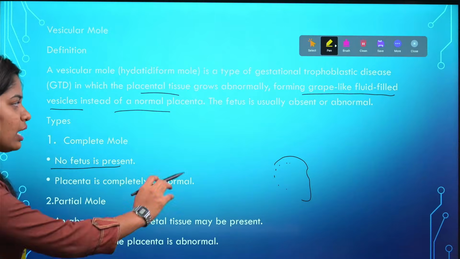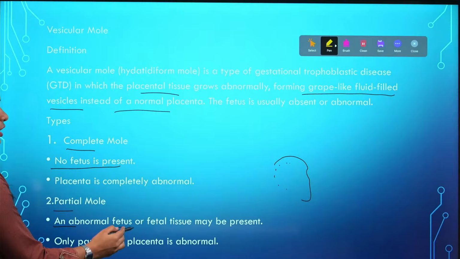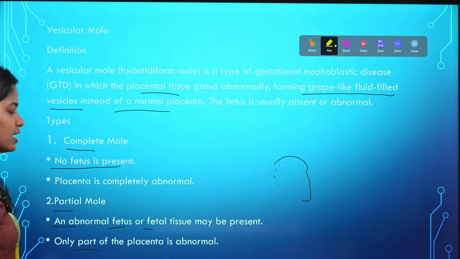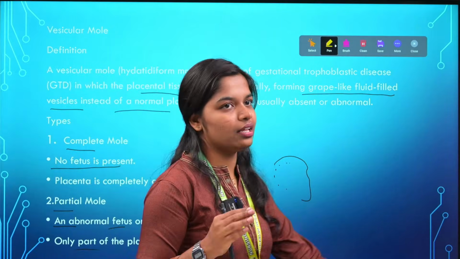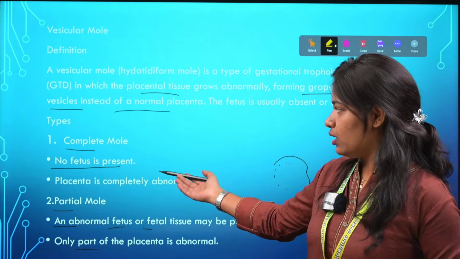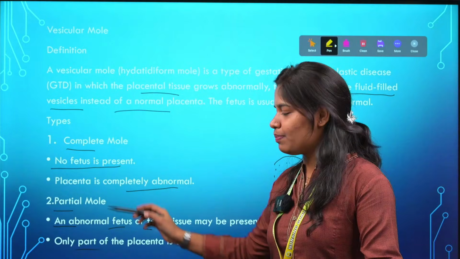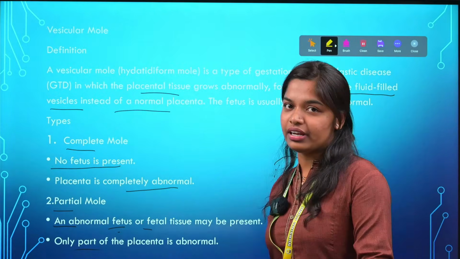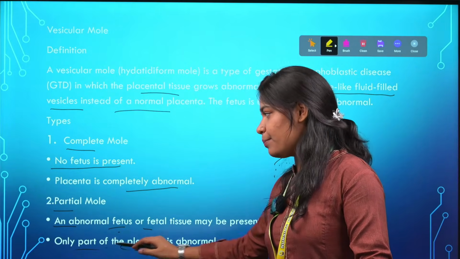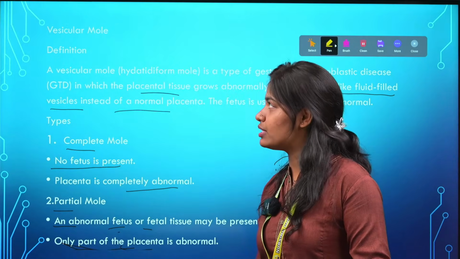Partial mole means an abnormal fetus or some fetal tissue may be present, and only part of the placenta is abnormal. These are the two types of vesicular mole.